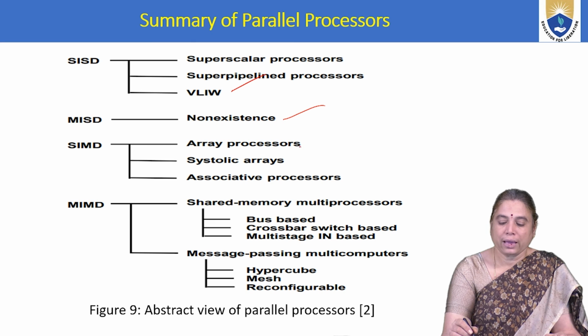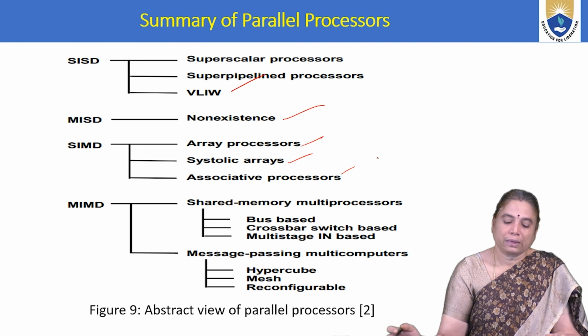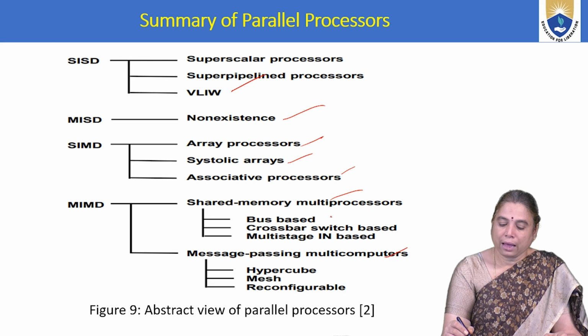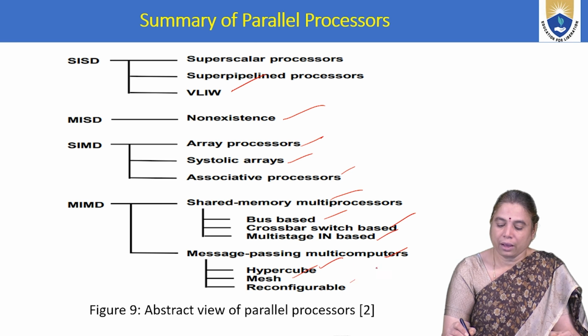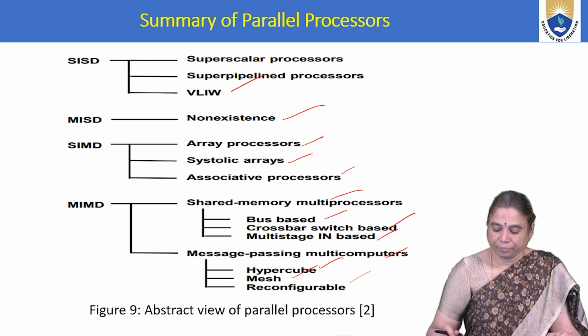SIMD can be used in array processors, systolic arrays, and associative processors. MIMD architecture uses two techniques, shared memory and message passing. Shared memory can be bus-based, crossbar switch-based, and multistage network-based. Message passing can be implemented with hypercube architecture, mesh, and reconfigurable networks.